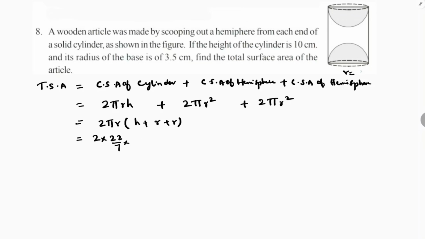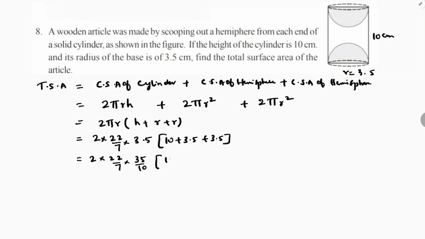Radius clearly is 3.5. H is 10 centimeters. 10 plus 3.5 plus 3.5. So 2 into 22 by 7, 3.5 if we write 35 by 10, into 17. 3.5 plus 3.5 is 7 plus 10, 17.